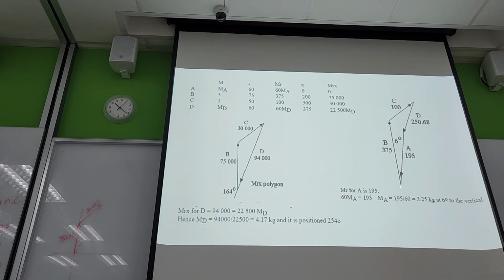And the angle of this you can measure with respect to vertical. If you choose a vertical here, the angle measured with respect to the vertical is 6 degrees. Otherwise, you can also give the orientation with respect to any local coordinate axis.